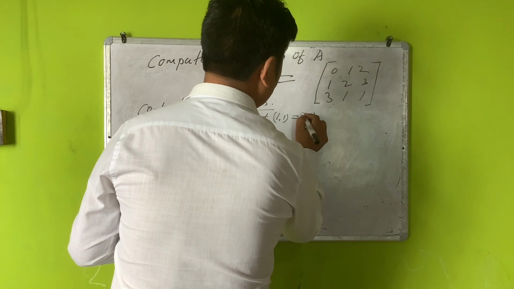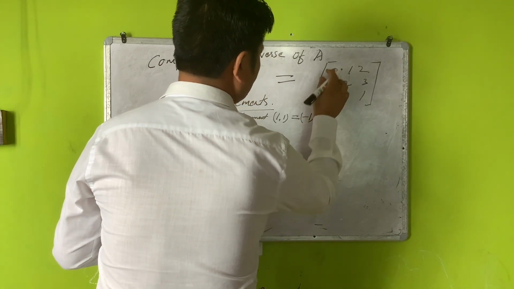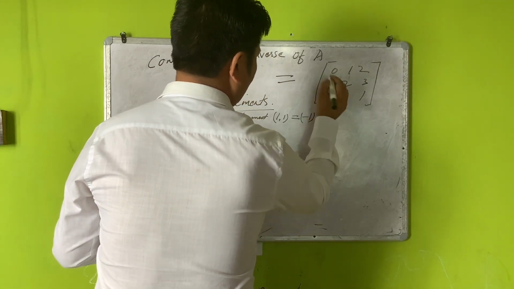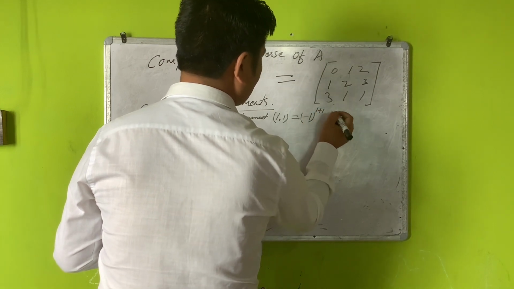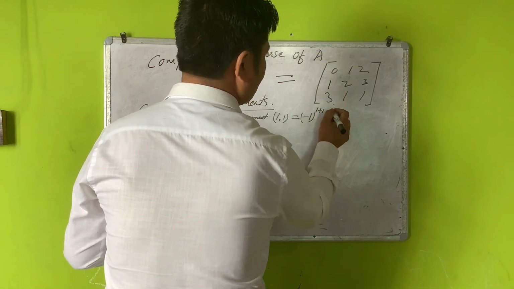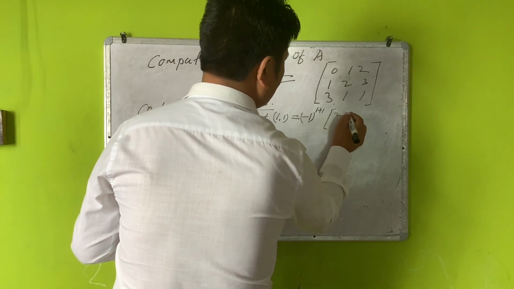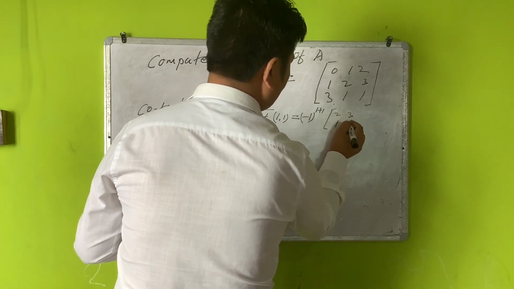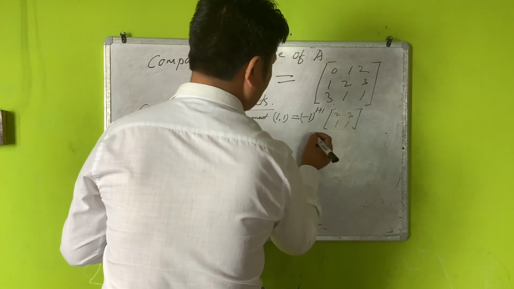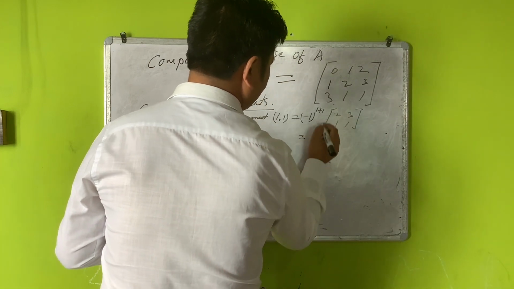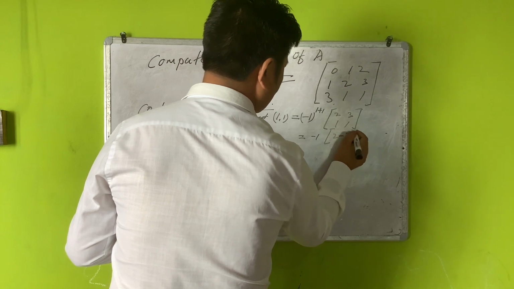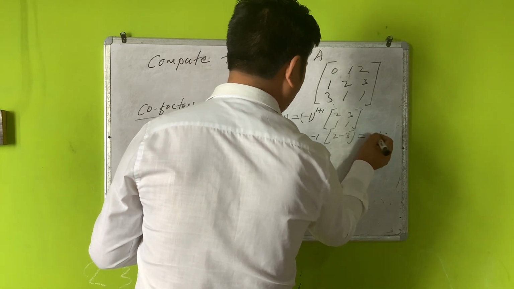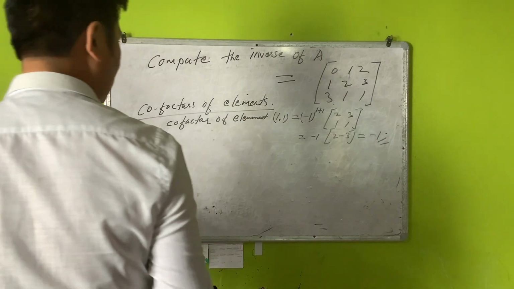Minus 1 to the power 1 plus 1, times the minor, which is the determinant 2 3, 1 1. Okay, this is plus 1 times (2 minus 3), which is equal to minus 1.